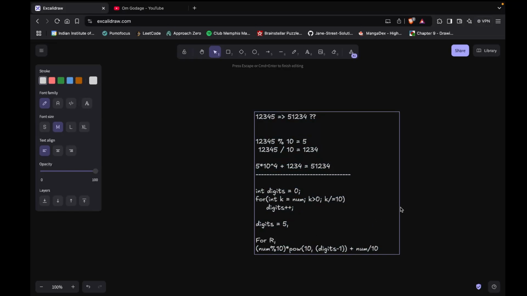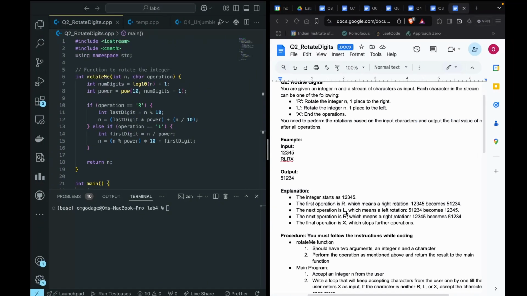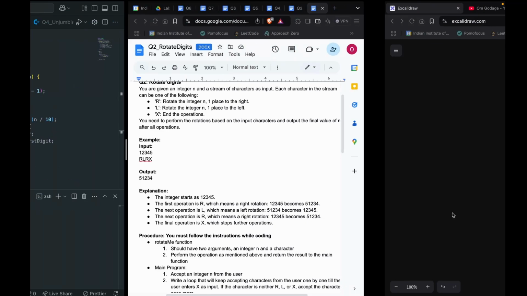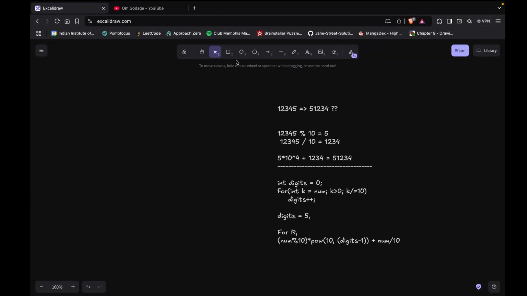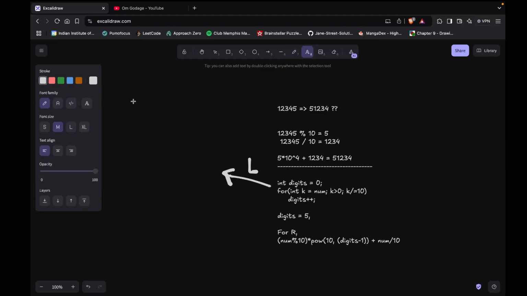Okay, so now you've calculated the r operation correctly. Now what do you do for the L operation? So for the left operation, 5 1 2 3 4 will become 1 2 3 4 5. Okay, so similar to this you will also require this for L. You will calculate digits as you did before, but now 5 1 2 3 4, you want to change this to 1 2 3 4 5.